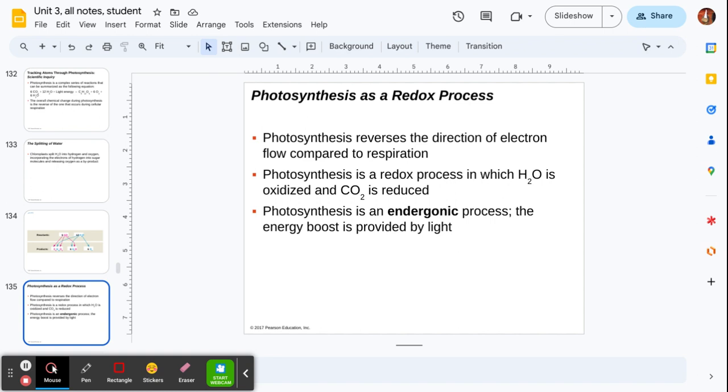That doesn't work. ATP is a very unstable molecule, and it tends to explode or decay very rapidly. And so you've got to transfer it into something else. So our storage is going to be these glucose molecules. We're going to put those electrons into those glucose molecules and store it that way.